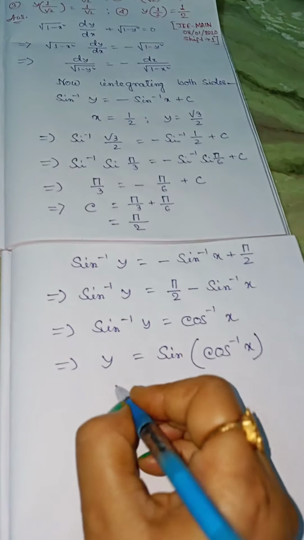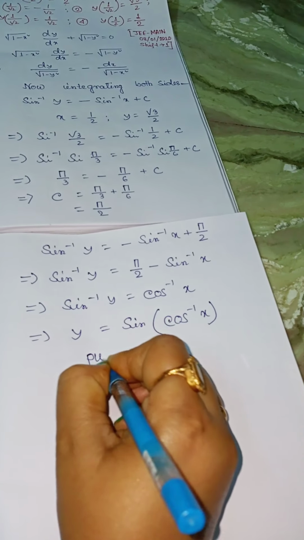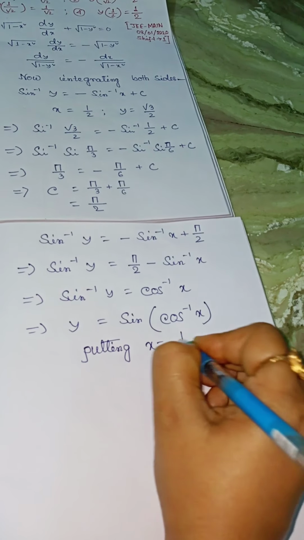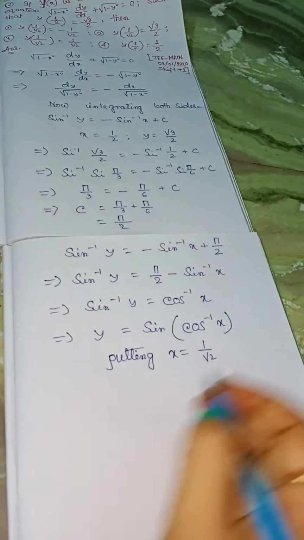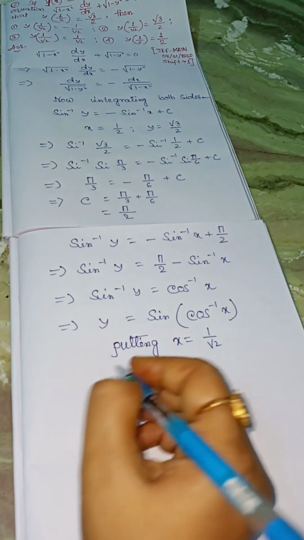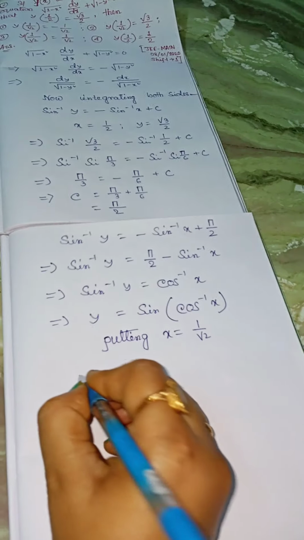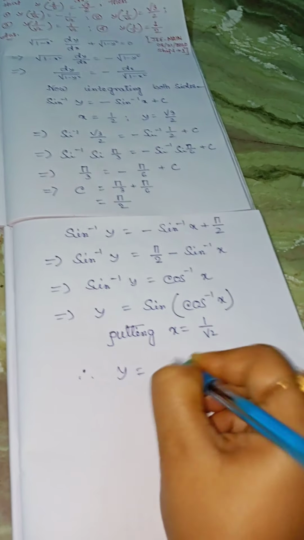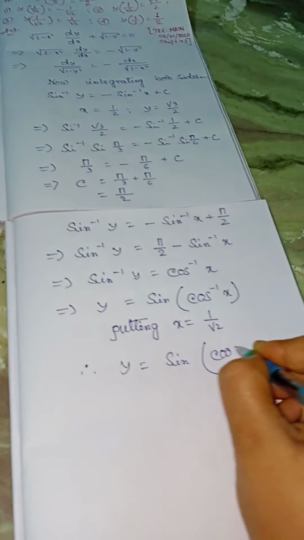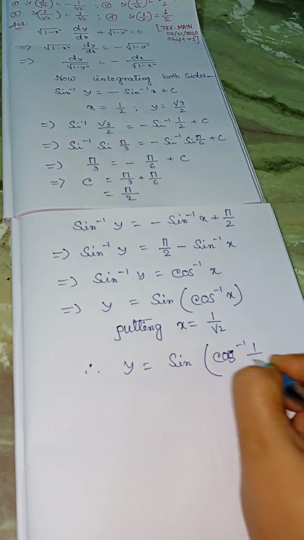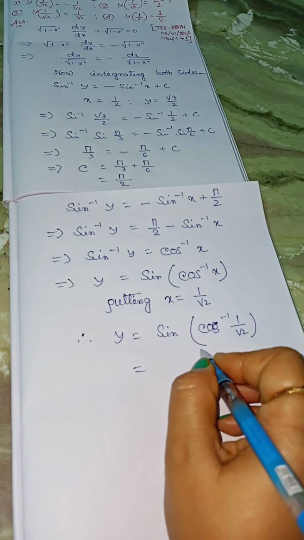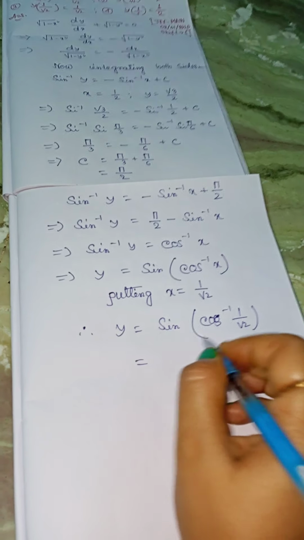So putting x is equal to 1 by root 2 in this equation, y is equal to sine of cos inverse 1 by root 2. We know the value of 1 by root 2 is cos of pi by 4.